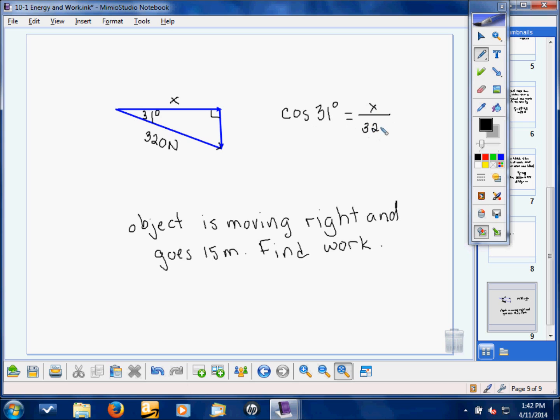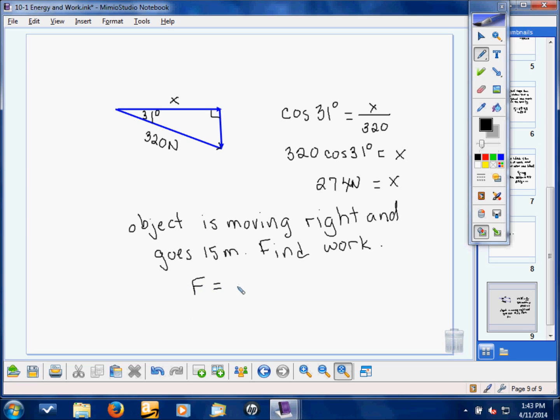So 320 cosine 31 equals your x component, and that's 274 newtons.